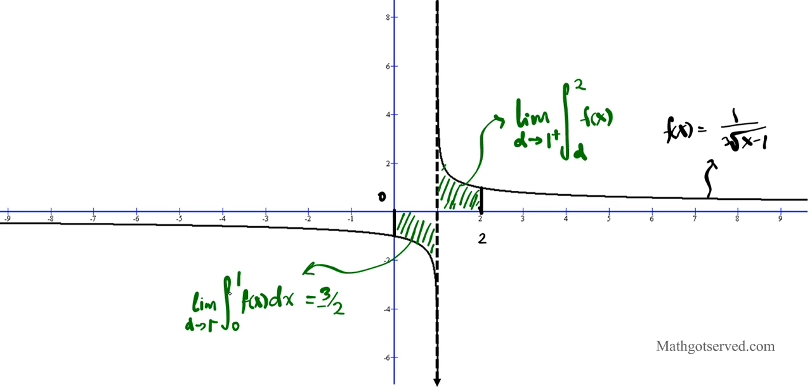Okay, and then when we evaluated this integral, we got 3/2. So you see that these two areas are identical, so when we added them up, we had negative 3/2 plus 3/2. The answer was 0, because we have exactly equal areas on both sides.